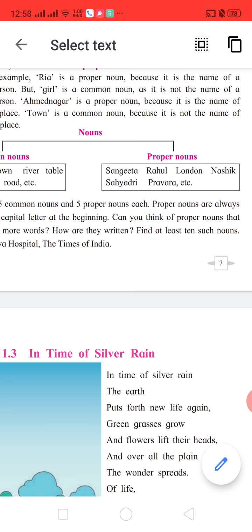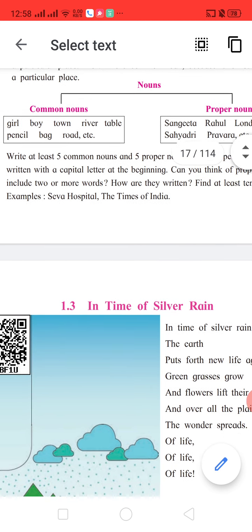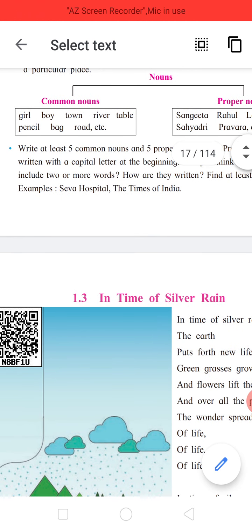And some proper nouns have two or more words, and all the words' first letters are written with capital letters. For example, Seva Hospital. Here the name of the hospital is specified. So Seva Hospital is a proper noun and the first letter of both words is capital.